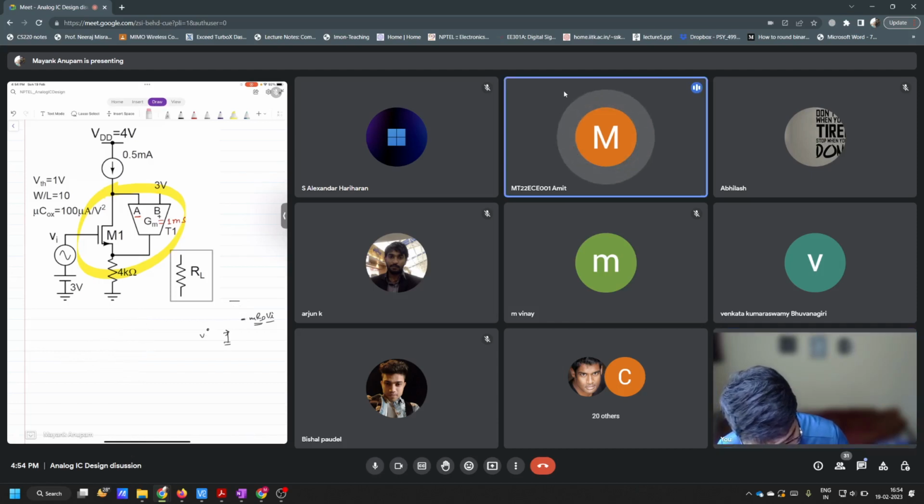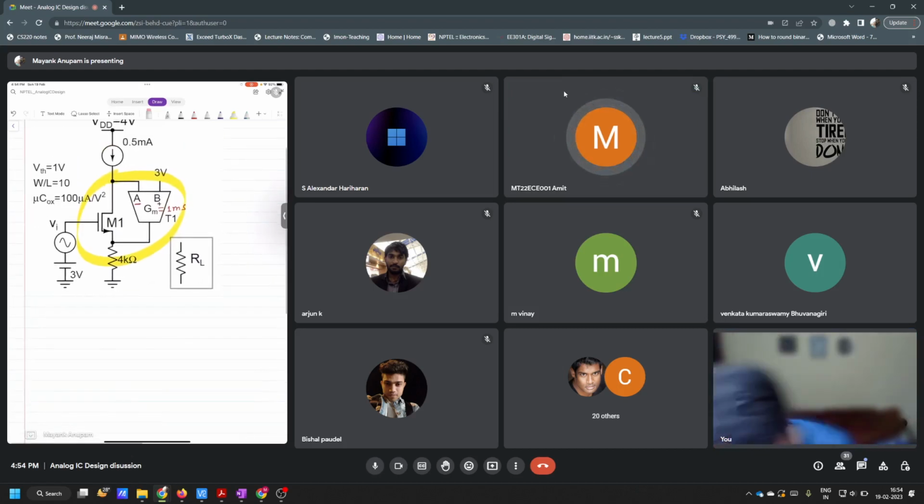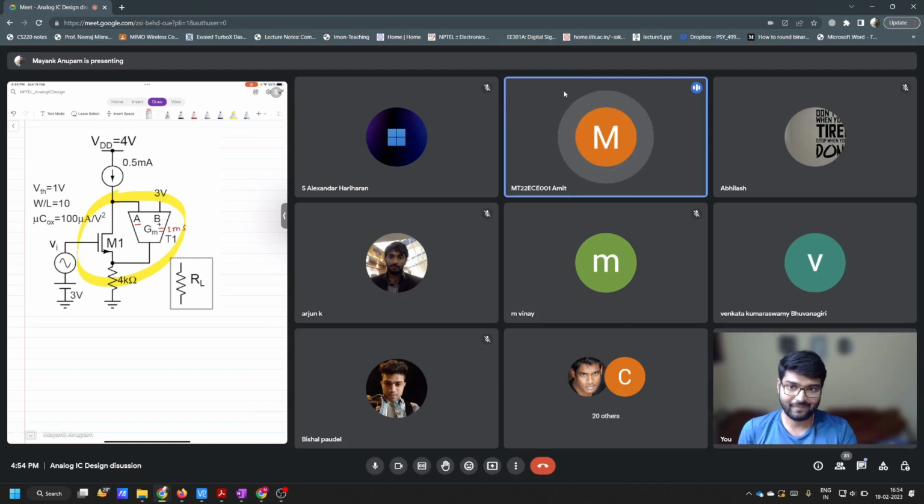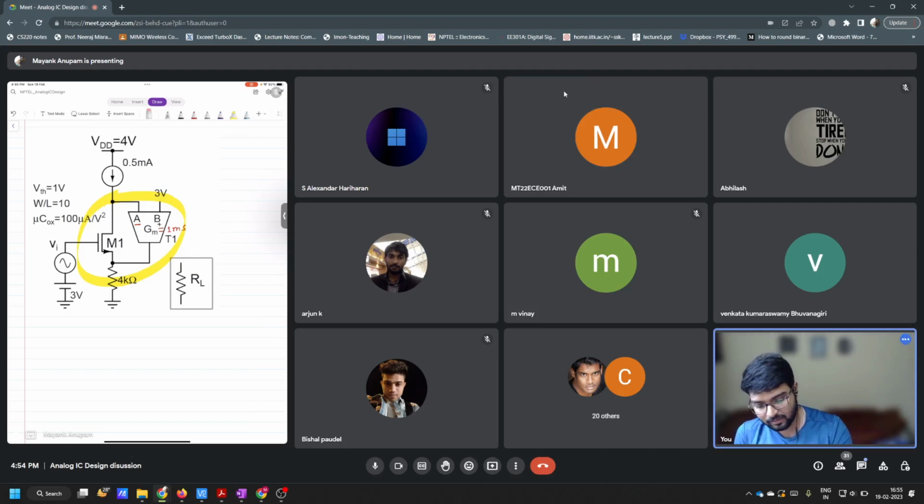So please explain this again. Okay, how do you find out whether a system is in negative feedback or not? By checking loop gain. Yeah. This feedback, highlighted in yellow here, is a feedback circuit.